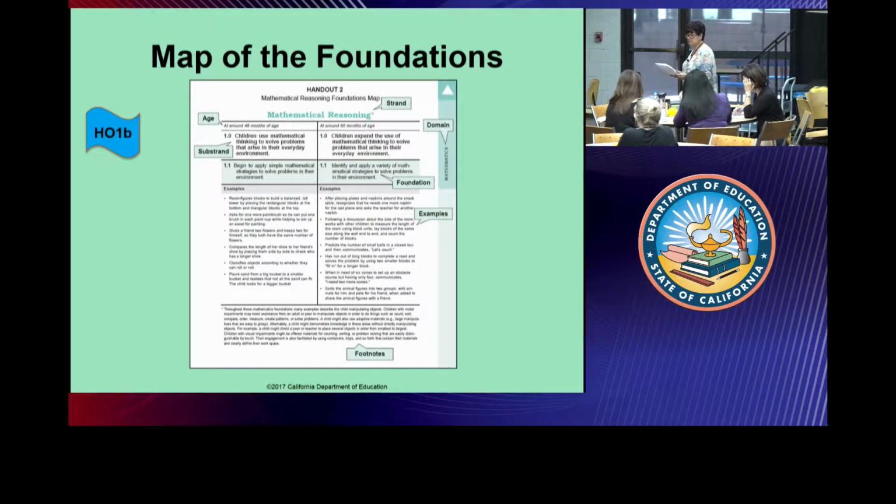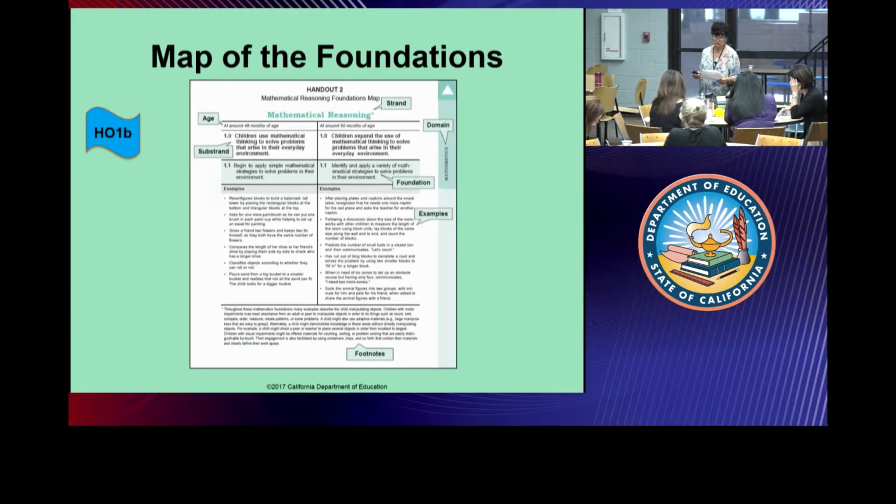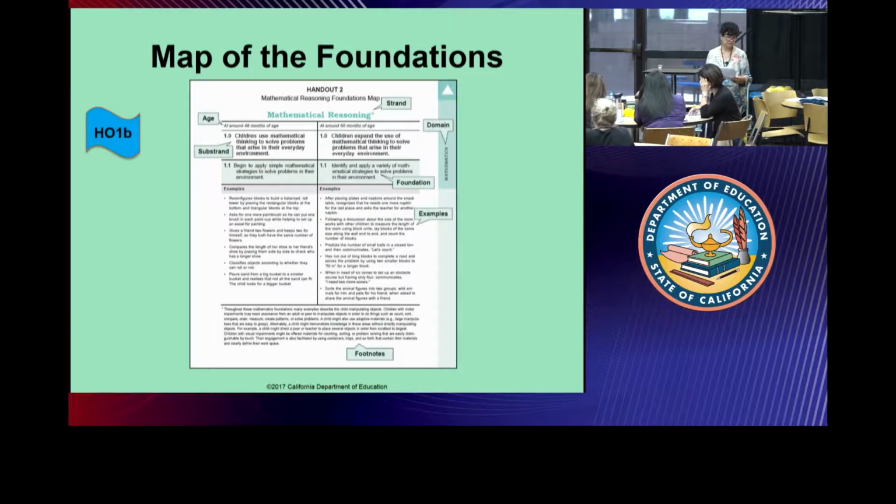And at around 60 months, 1.1, identify and apply a variety of mathematical strategies to solve problems in their environment. What are the main differences between 48 months and around 60 months that you notice?